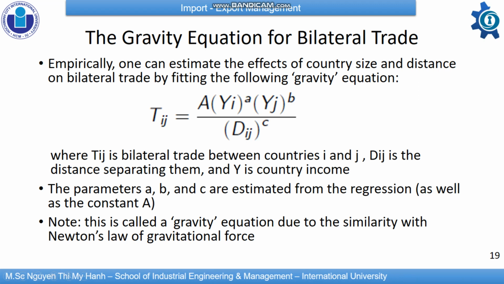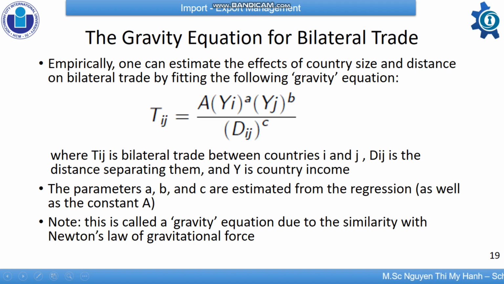Yi is the GDP, the country income, of country I, and Yj is the GDP of country J. So we use this formula to calculate the trade between two countries. And we use regression to calculate the parameters A, B, and C, as well as the constant A.